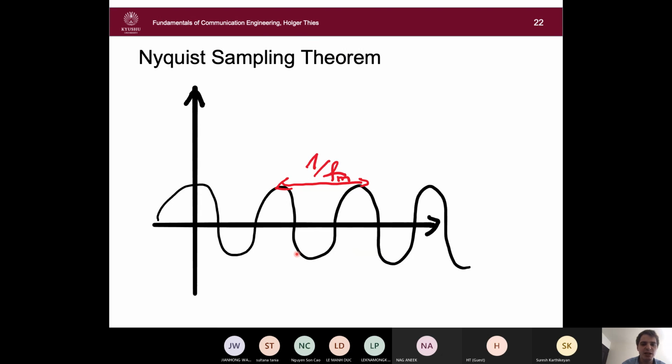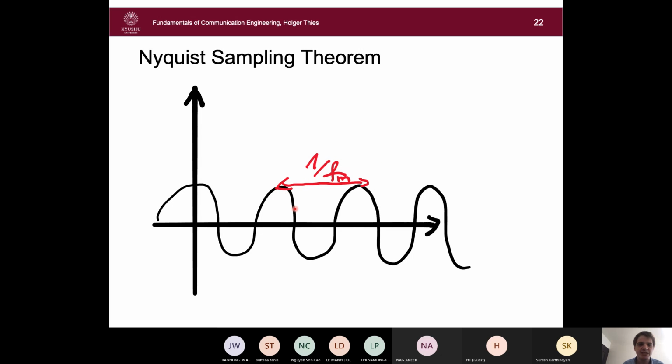For this, we look at the frequency of the function. What I told you on the previous slide is that periodic signals always have a time period. They repeat after a certain amount of time, and the frequency is one divided by this time period.